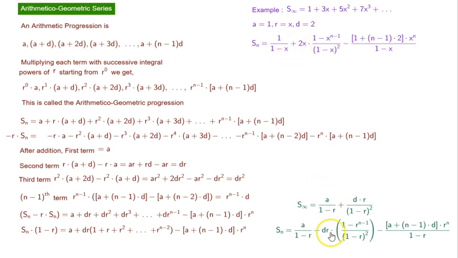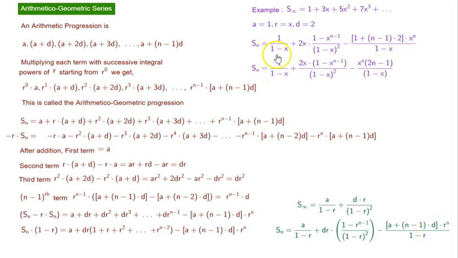Plus dr, that is 2x times 1 minus r to the power of n minus 1, r is x, divided by 1 minus x square, minus 1 plus n minus 1 times 2 times x to the power of n divided by 1 minus x.